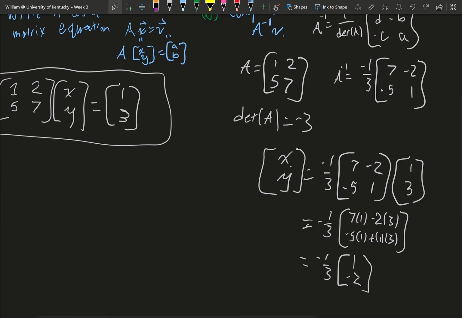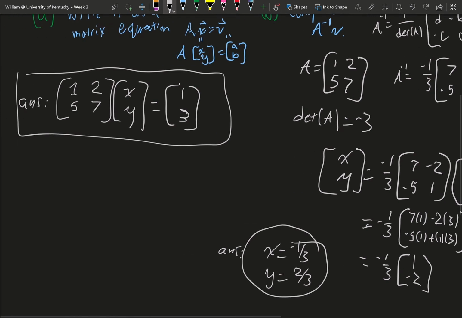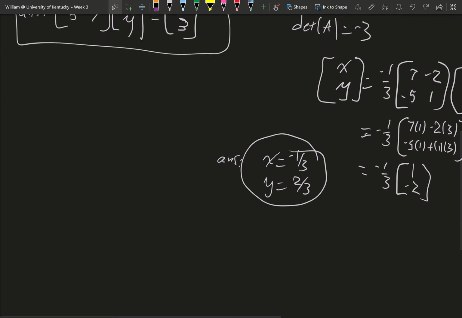And so at the end, we should get that x is negative 1/3, and y is 2/3. That is our answer for part B.